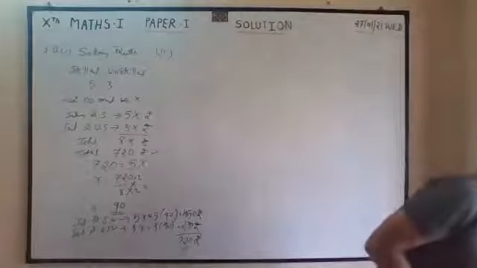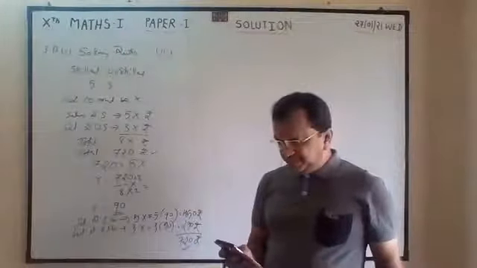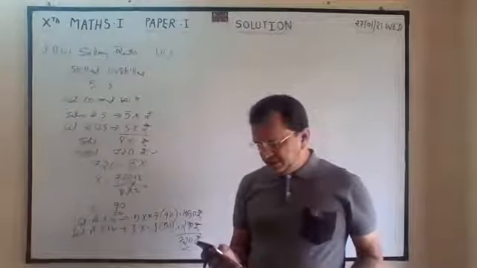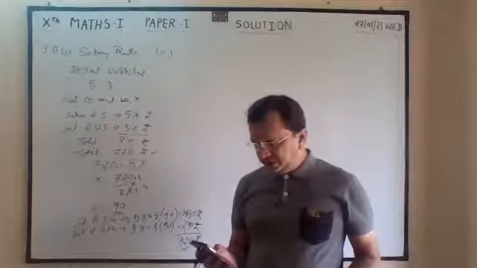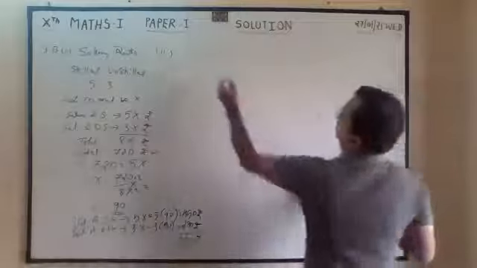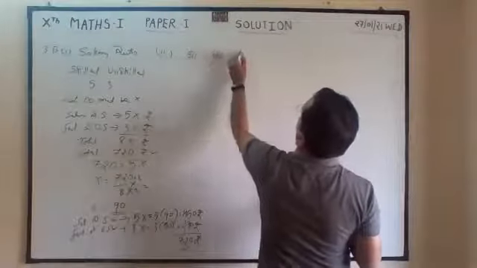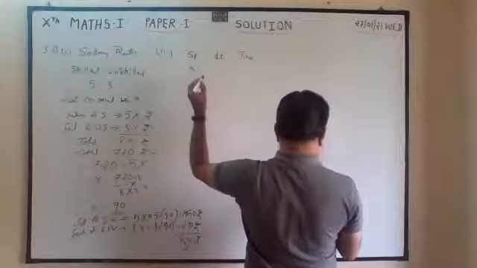Next, the speed of a car is decreased by 8 km per hour. It takes 1 hour more to cover a distance. So speed, distance, time. Speed is x.